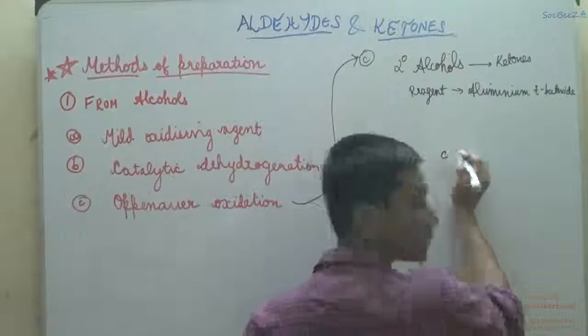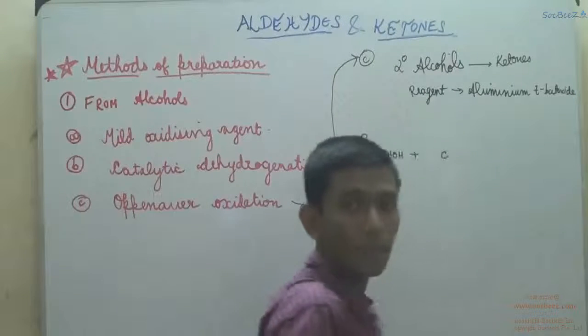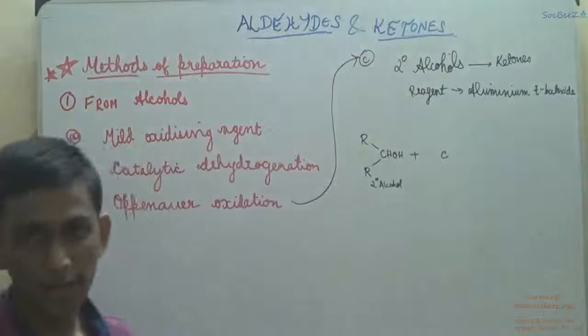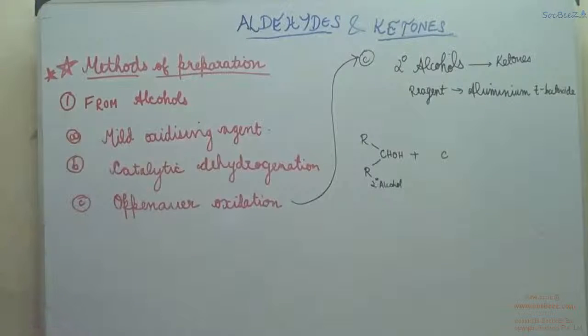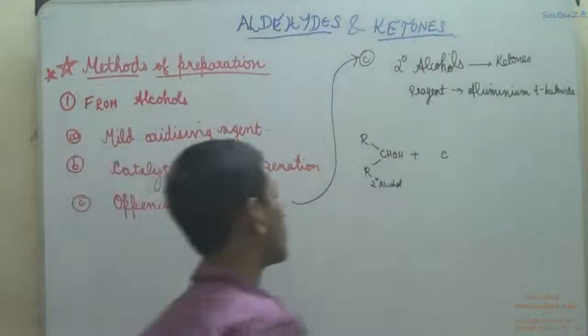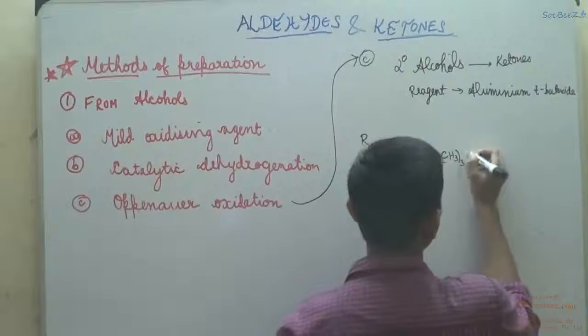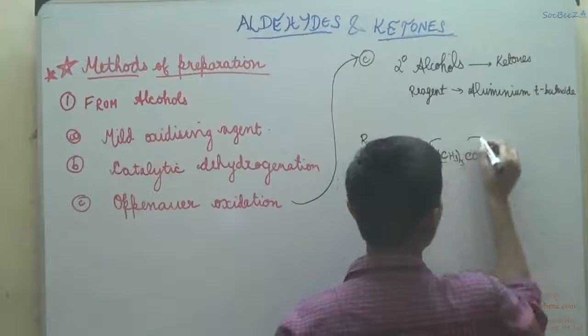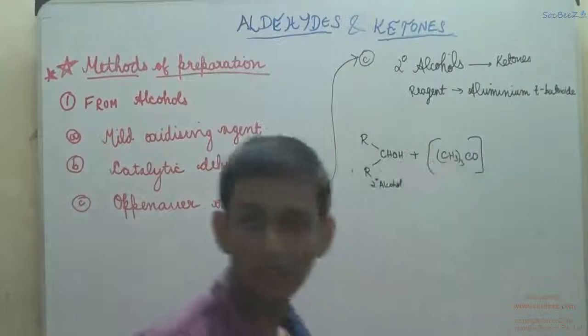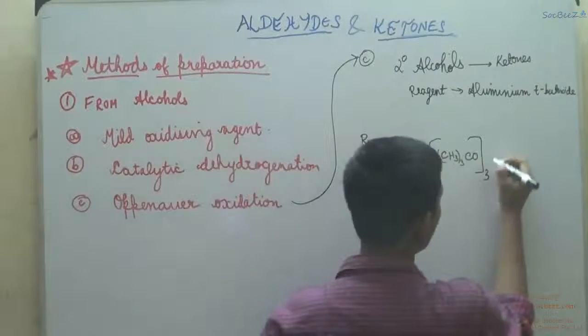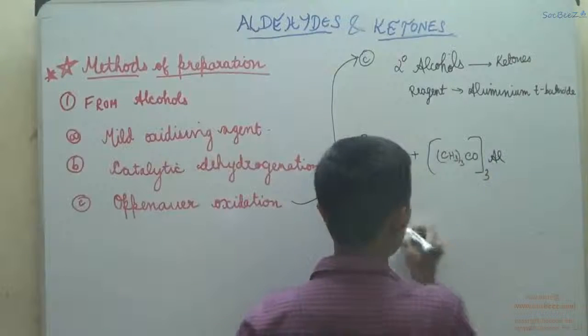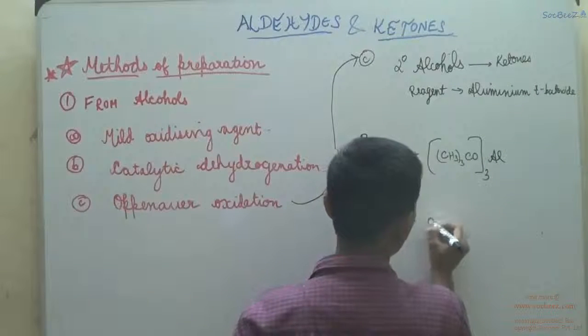What is the tert-butoxide ion? First let's see what a tert-butoxide ion is. You should be very confident with it. It is (CH3)3CO with a negative charge, three times here.